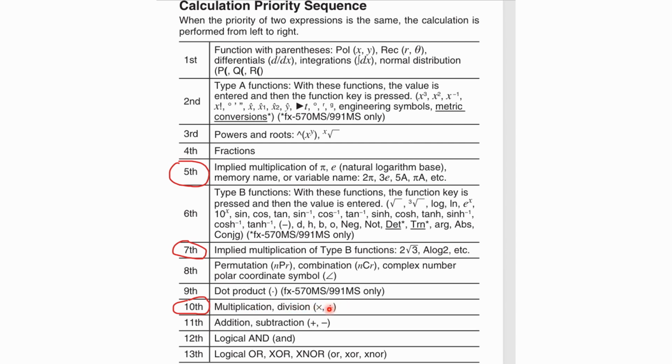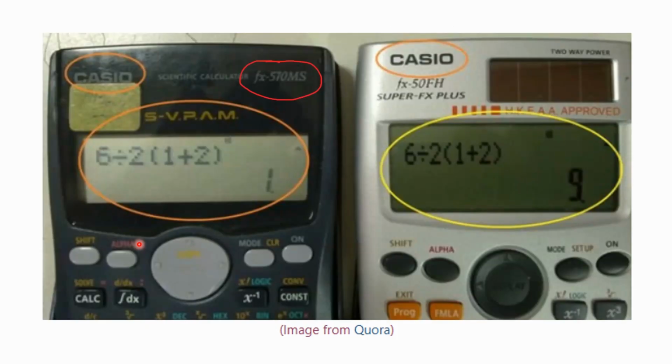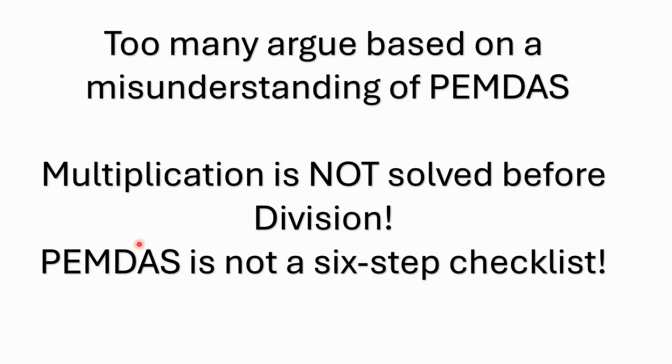And this would be your explicit multiplication and division. And then finally your addition and subtraction. So you can see this calculator also is giving priority to implicit multiplication. And it's because it has been a convention. It's been out there. Again, I'm going to say it's not universally accepted, but it is accepted in a lot of corners. It's been used a lot in science. And so this is why you're going to see different answers here on the calculators.